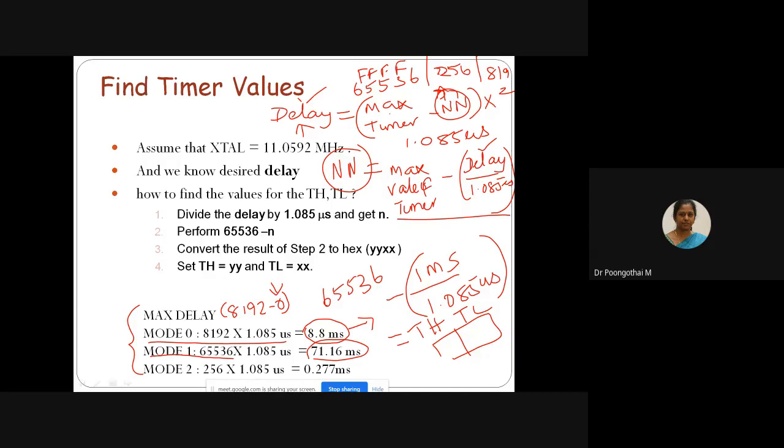Similarly, for the 8-bit timer, 256 minus 0 into 1.085 microsecond, the maximum delay generated by mode 2 is 0.277 millisecond. So in most applications we use mode 1, because it generates more delay compared to other modes.